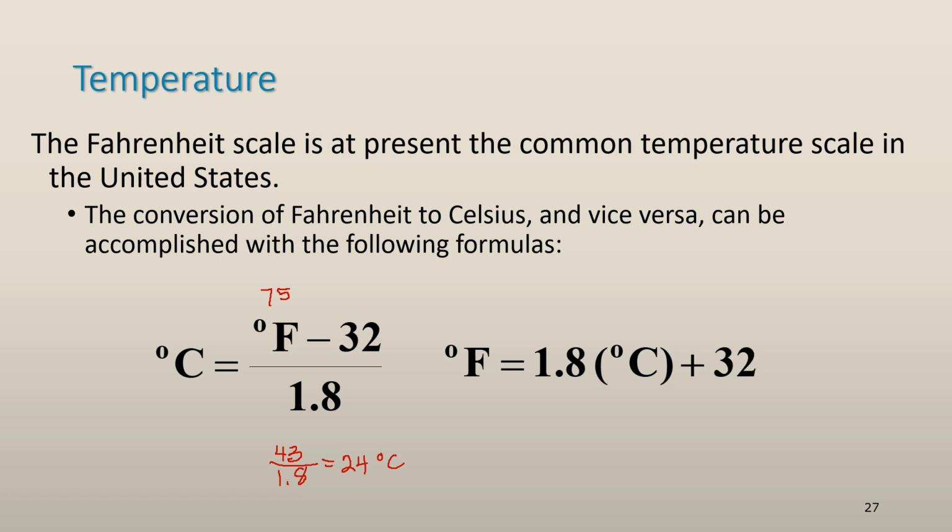You can see where it's based on. If you had 0 degrees Celsius, 0 times 1.8 is 0, which is the same as 32 degrees Fahrenheit, so the difference is this 32. But let's say I was looking at somewhere in Europe and it said today it is 42 degrees Celsius, and I wanted to know what that meant in Fahrenheit.